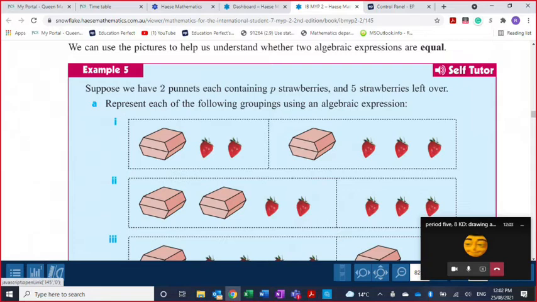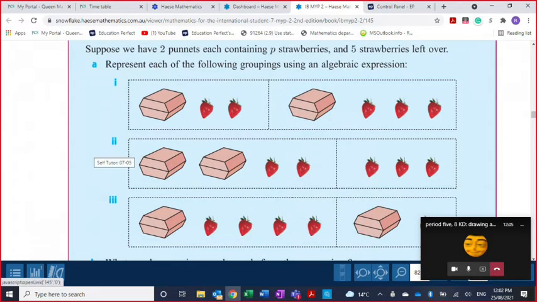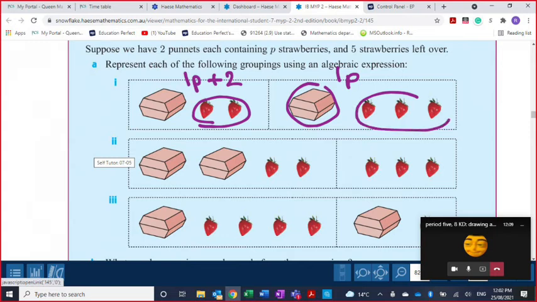Represent each of the following groupings using an algebraic expression. Here's our first one. We have 1 punnet, so that's 1 P, and 2 strawberries left over, so plus 2. Make sense? Here we have 1 punnet, so 1 P, and 3 strawberries, so plus 3.